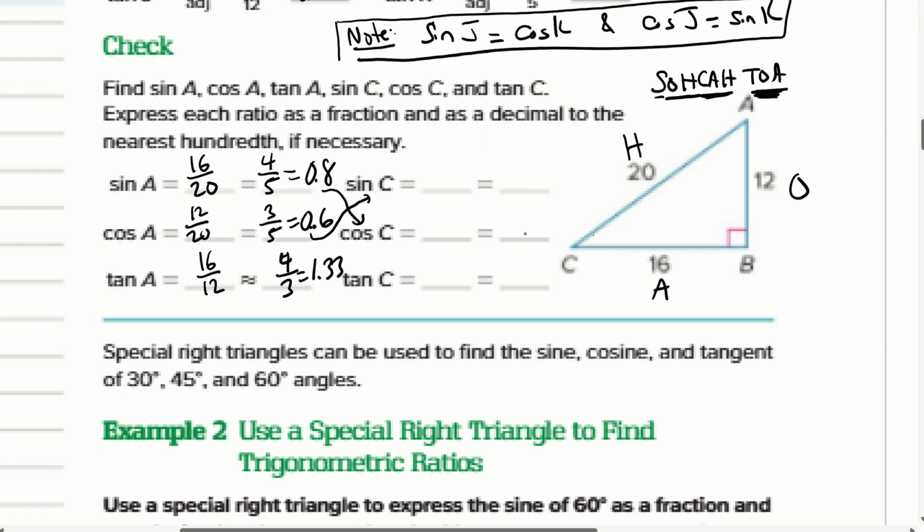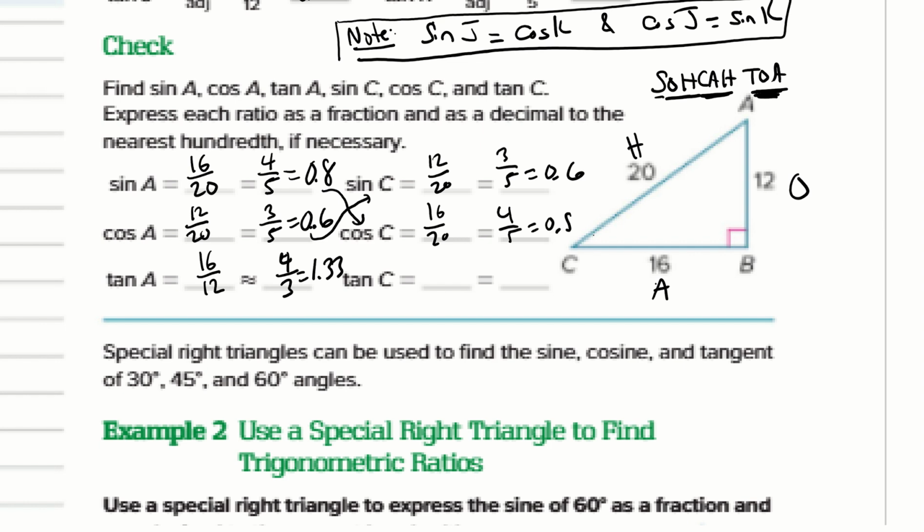All right, so the sine is opposite over hypotenuse. So 12 over 20, which we said was 3/5 or 0.6, right? We got cosine of C, which is adjacent over hypotenuse, so 16 over 20, which is 4/5, which is 0.8.